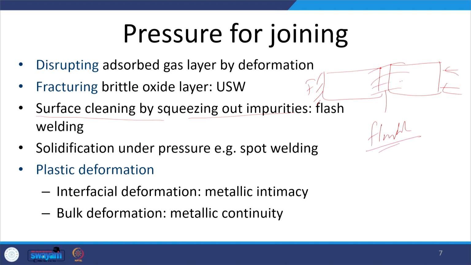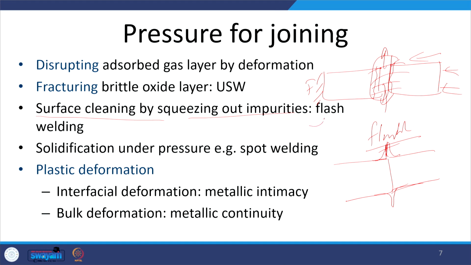And this will be causing the little melting of the surface layers, and when the pressure is applied, all these impurities are squeezed out from the interface, resulting in the perfect metal to metal contact between the two components, followed by softening. So, application of the pressure will be leading to the controlled plastic deformation at the interface and development of the joint like this.